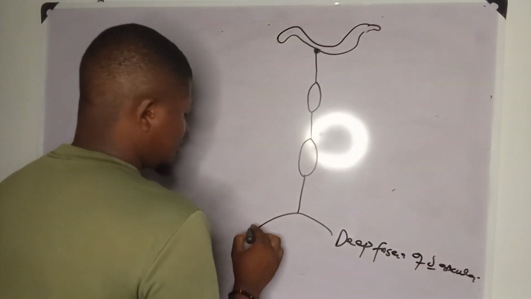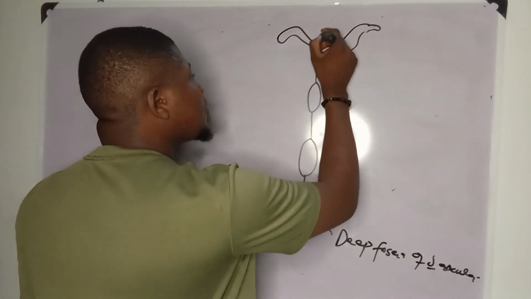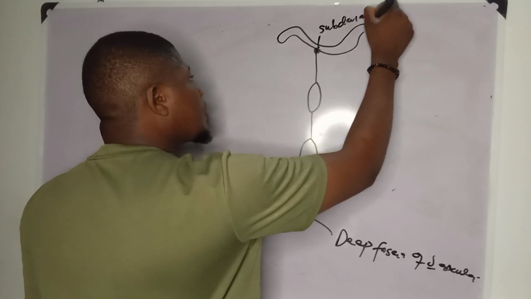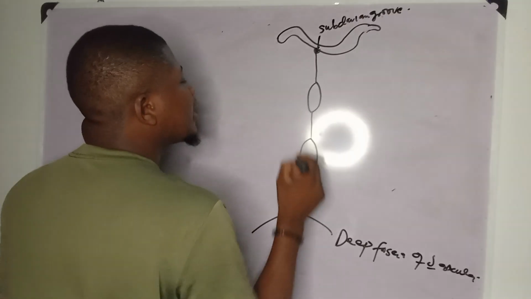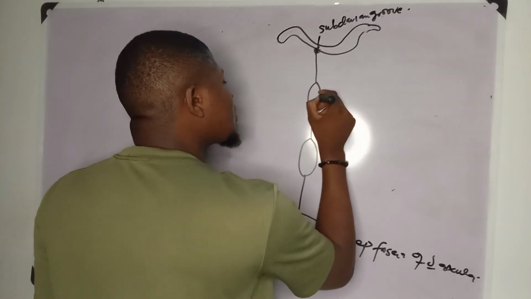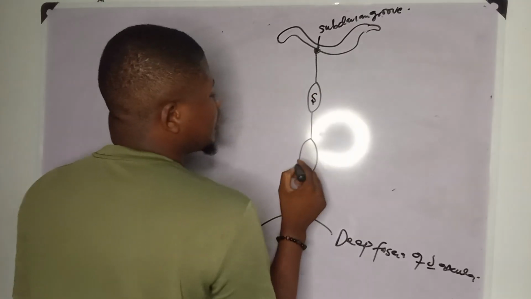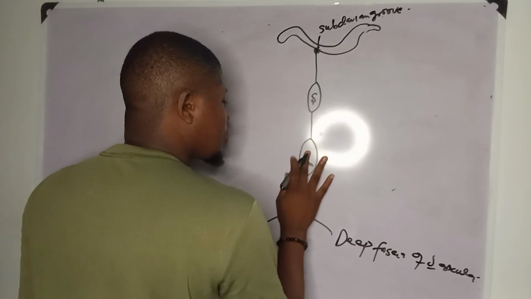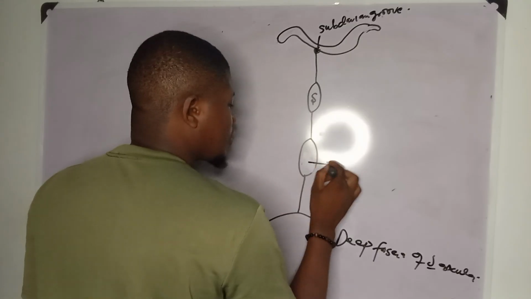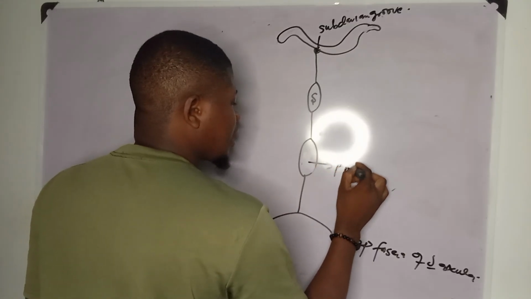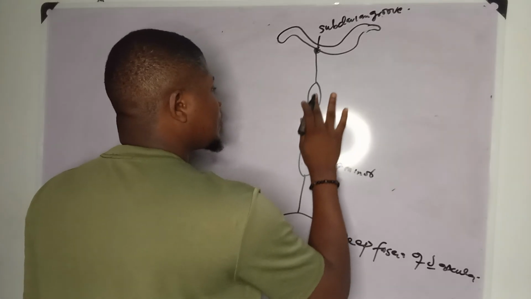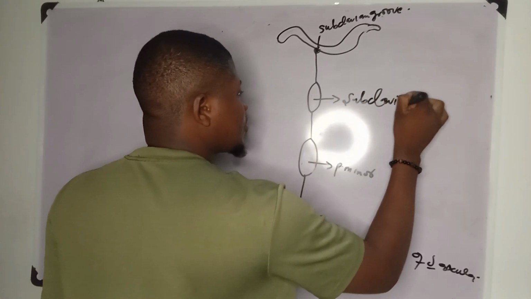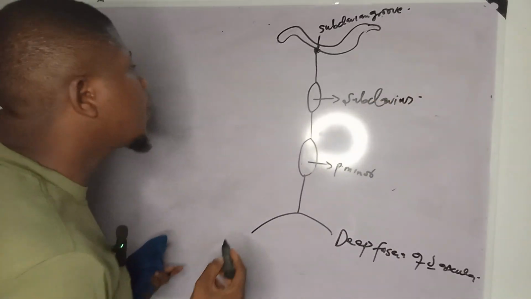So this is the subclavian groove, and these are the two muscles it encloses. The first one is subclavius, and the second one is pectoralis minor. Now look at the three parts.